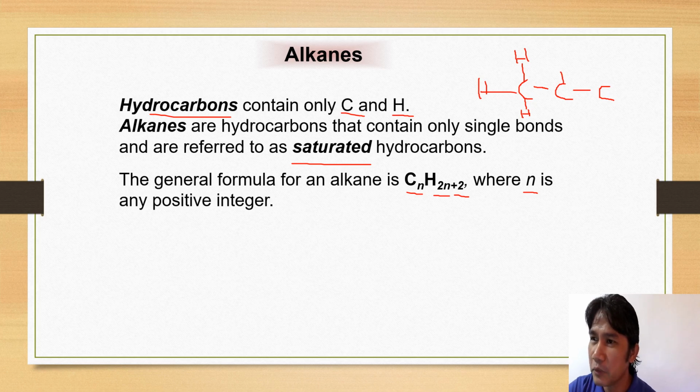In the middle carbon, we put only 2 hydrogens because this carbon already has 4 bonds. Likewise, in this carbon, we also put 3 hydrogens. What I have just written is the expanded molecular structure of this particular alkane.